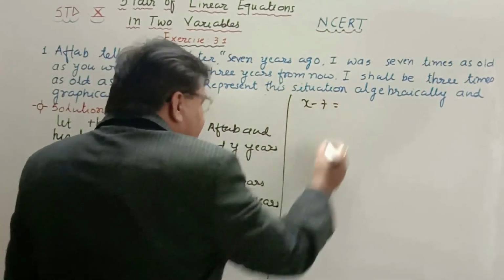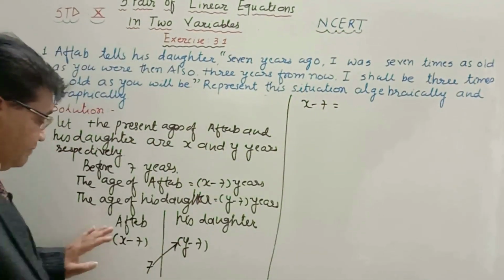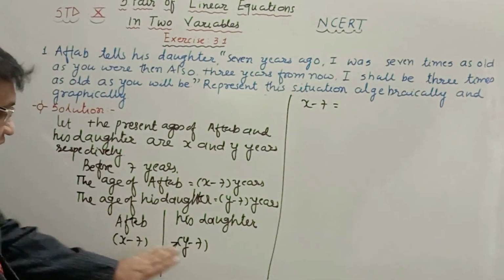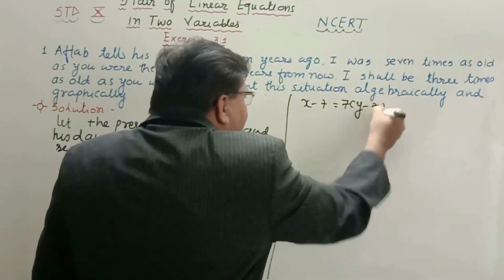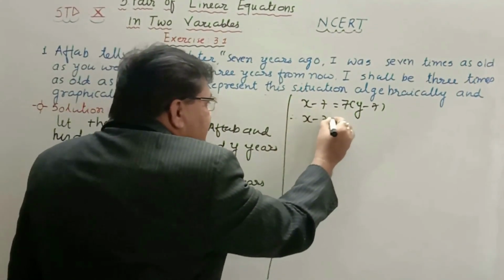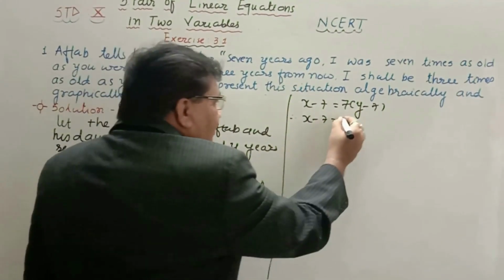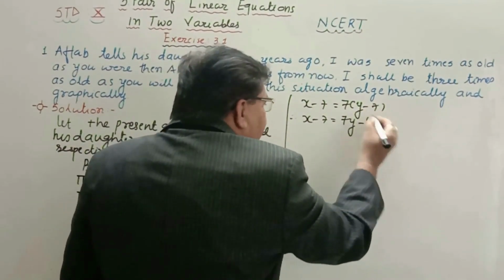X minus 7. We write left side because left side we write Aftab and 7 times into Y minus 7. Open the bracket. X minus 7 equals to 7Y minus 7 7s are 49.